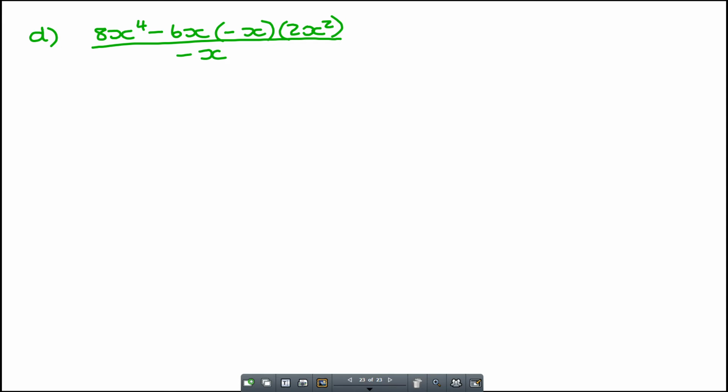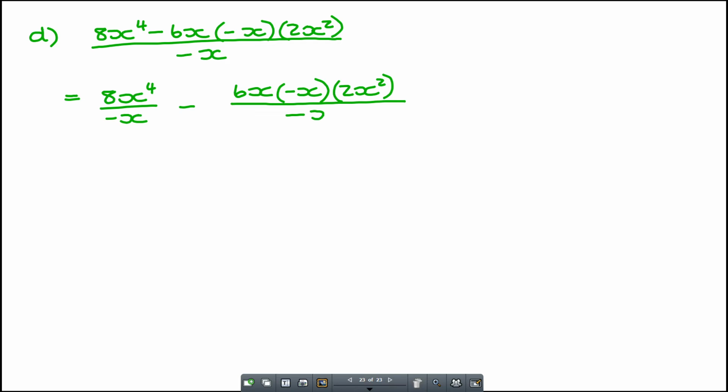So, how many terms do I have at the top? No, I've got two. Have a look. Minus, and then this is one term. Do you guys see that?